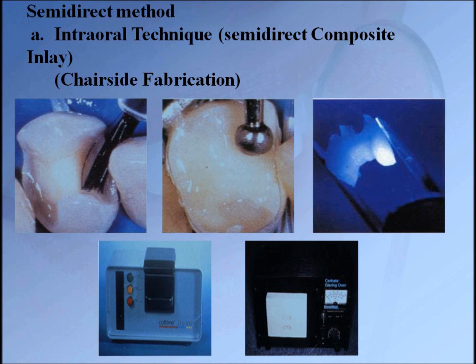Furthermore, cavity walls must be free of undercuts, smooth, and characterized by a divergence; more than 18 degrees requires a sacrifice of sound occlusal tissue. The principal advantage of this technique is the chairside production of the restoration without the need to take an impression.